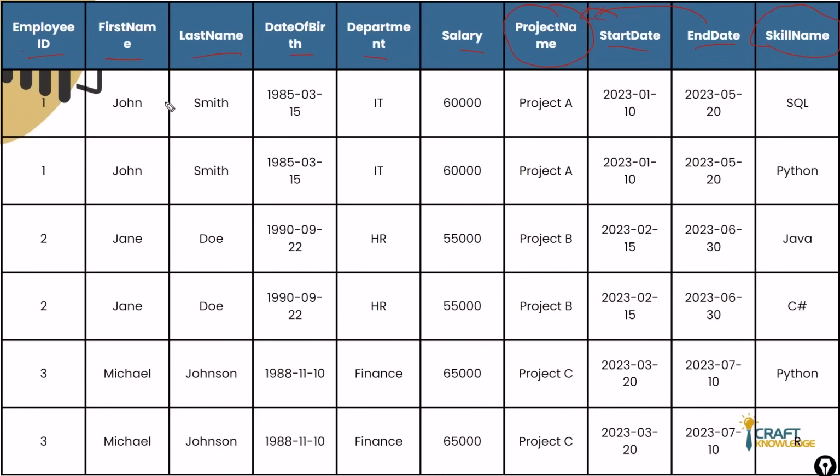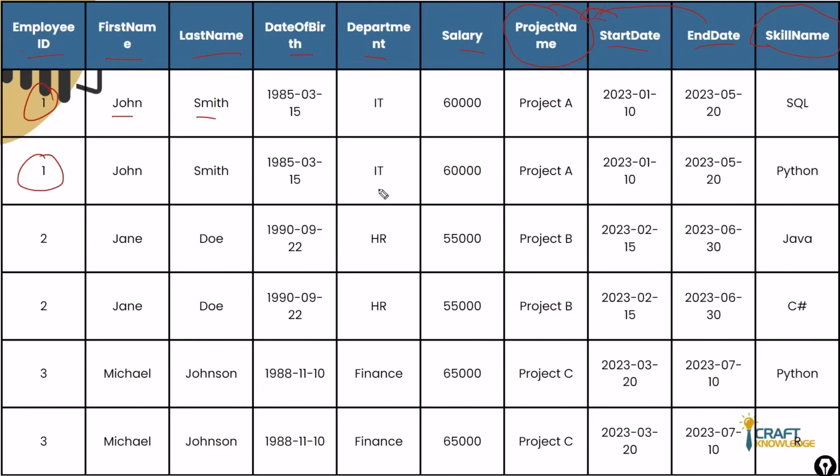Okay. Now, if we have a look at the first two rows, all the information is exactly the same in almost all the cells except the skill name. This person's first name is John, last name is Smith. So John Smith has the same date of birth in both rows.